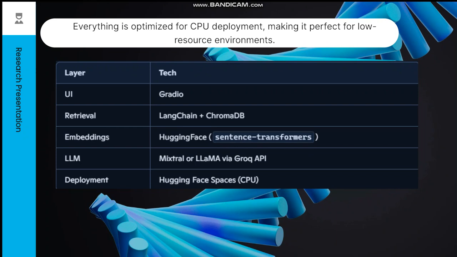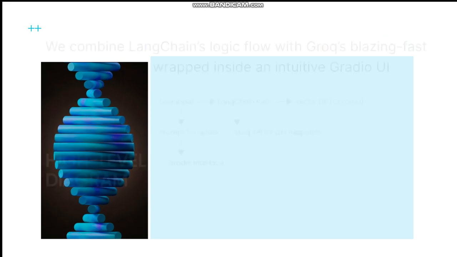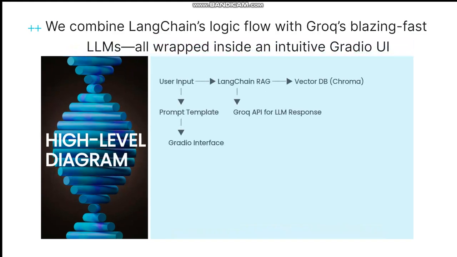Finally, everything is packed and deployed on Hugging Face Spaces, making it ideal for low-resource environments. This architecture ensures that Epidemius can function entirely on CPUs while maintaining efficiency. So this is the high-level diagram. We combine LangChain's logic flow with Groq's blazing fast LLMs, all wrapped inside an intuitive Gradio UI.